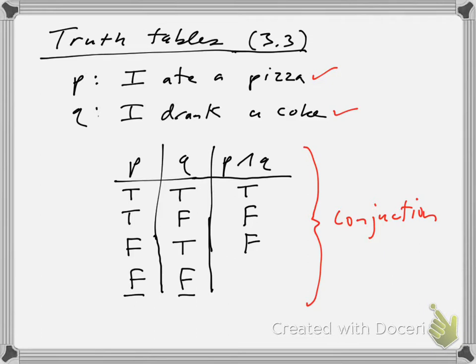So this is false. So this is another one of your basic truth tables. In general, this is the truth table for the conjunction with these particular combinations. Okay, we're kind of building these basic truth tables, and then we're going to use them as a tool when we get done.